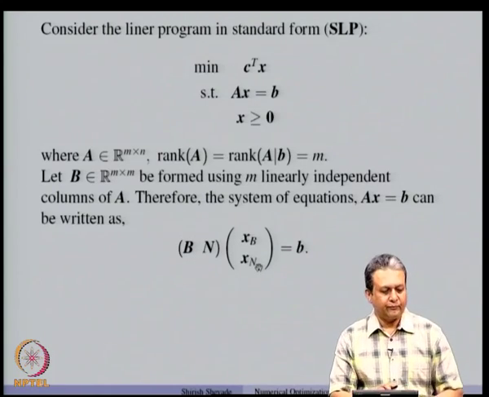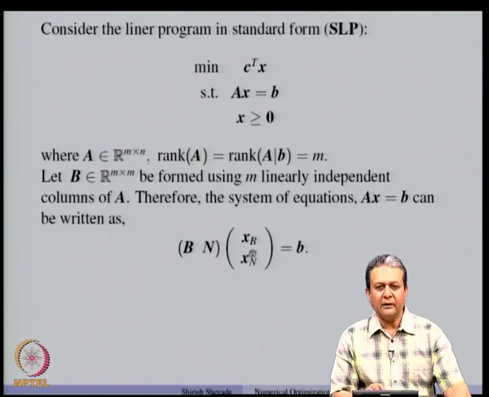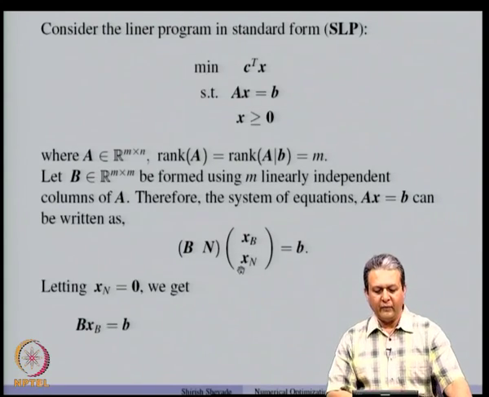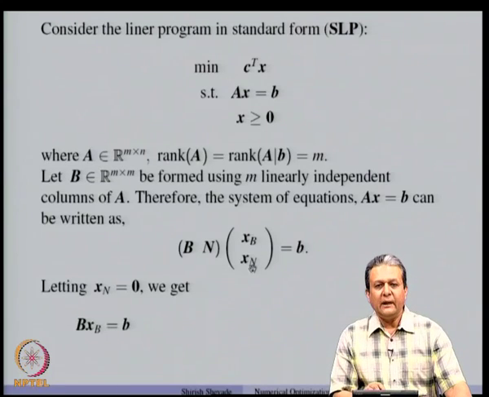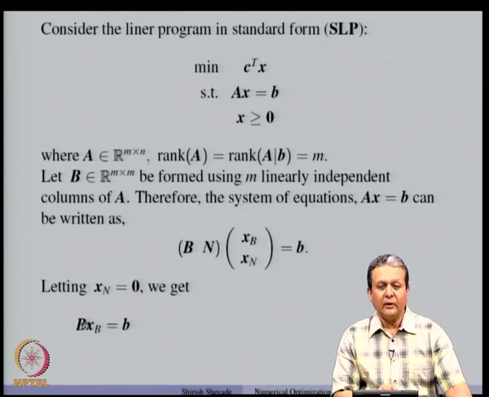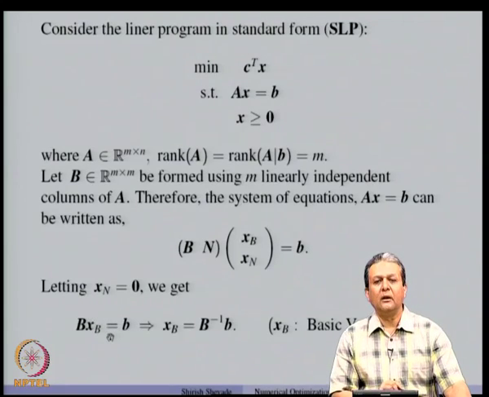like this. And now, if we expand this, it becomes BxB plus NxN equal to b. And suppose we let xN to be 0, then what we get is BxB is equal to b. Now, note that B contains linearly independent columns and there are m such columns. B is an m by m matrix. So, B is invertible. So, BxB is equal to b means that xB is equal to B inverse b.